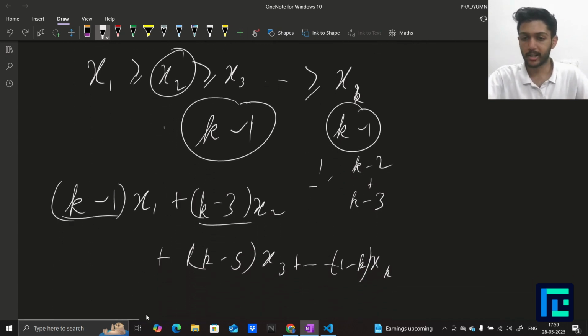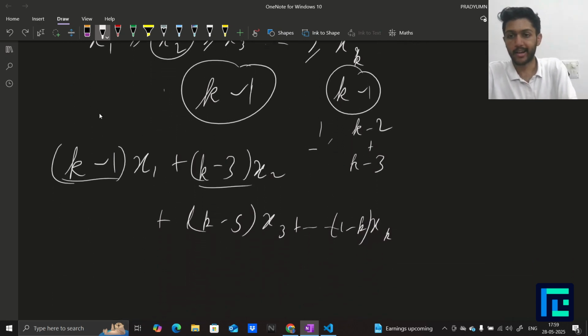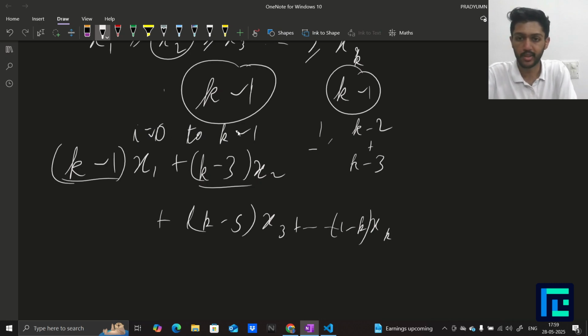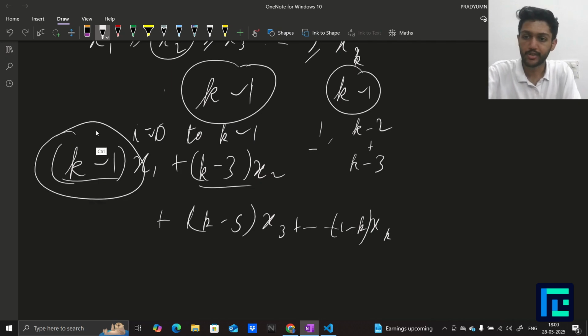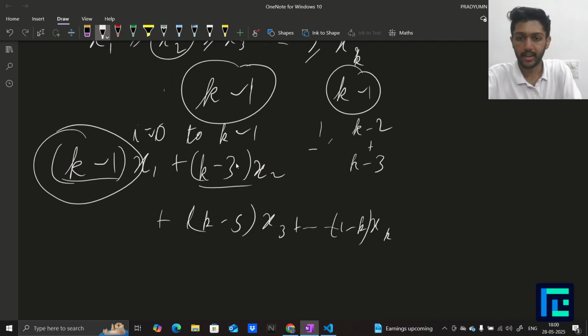In the code, I'll tell you how I have implemented this. I have made an index i which goes from 1 to k, or rather 0 to k minus 1, because I have 0 indexing in there, and another variable j which starts from k minus 1 and decrements by 2 every time.